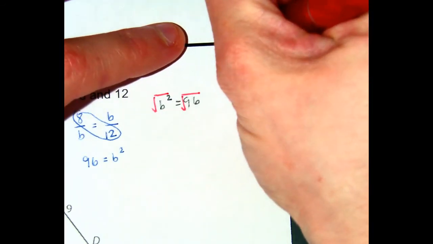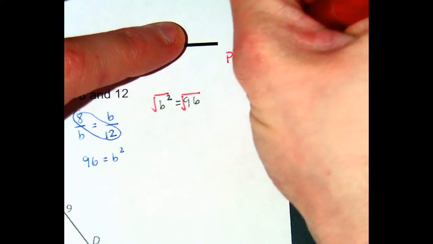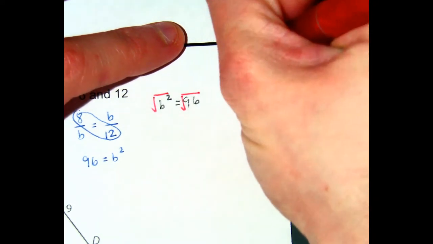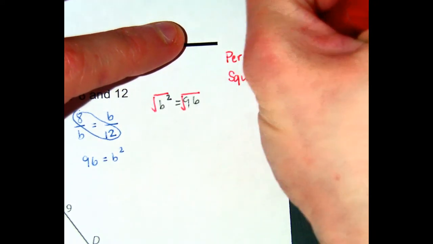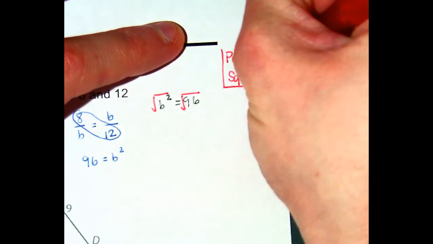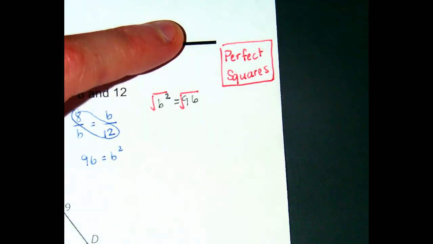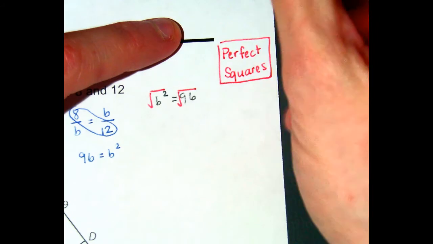In order to get it in a simplified radical, we will need the perfect squares. So write these to the side. What I mean by the perfect squares is like, what is 1 squared?